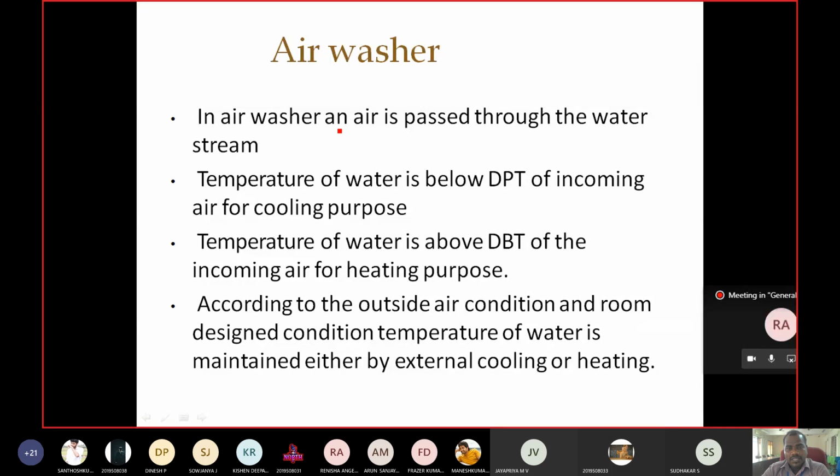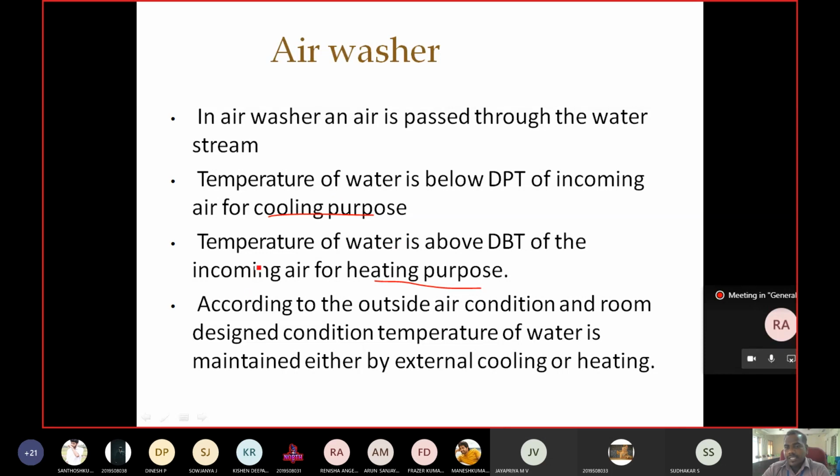In an air washer, air is passed through a water stream. The temperature of the water is below the dew point temperature of incoming air for cooling purposes. We can use this air washer for both cooling and heating. If the temperature of water is below the dew point temperature of incoming air, we can use it for cooling.